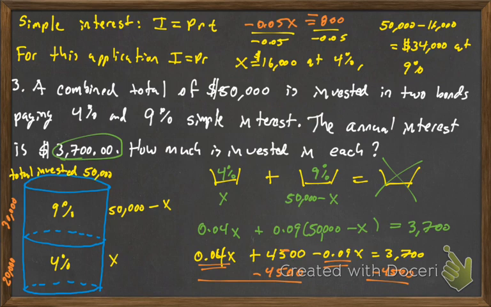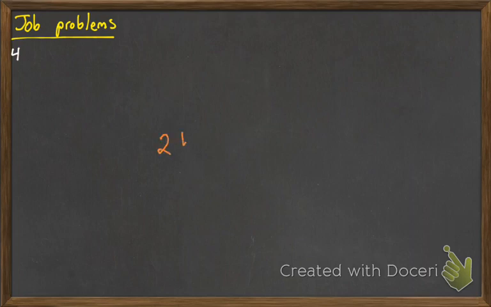So the next type of problem we're going to look at is what's called a job problem. And it's going to involve a rate and a time. And so, let's say it takes you 2 hours to wash your car, then in 1 hour, you're going to wash presumably 1/2 of your car.